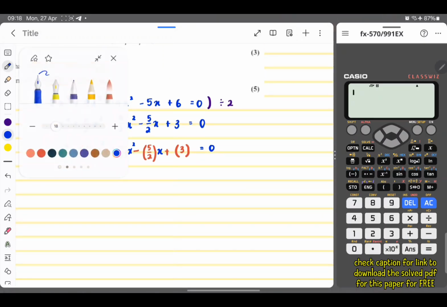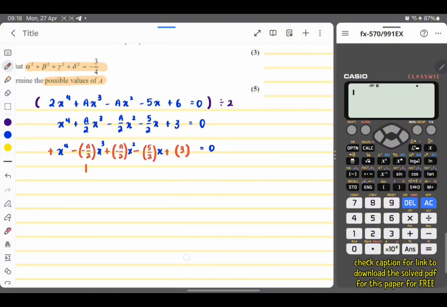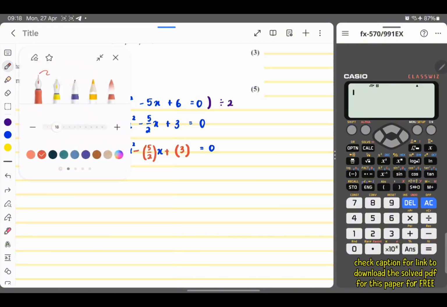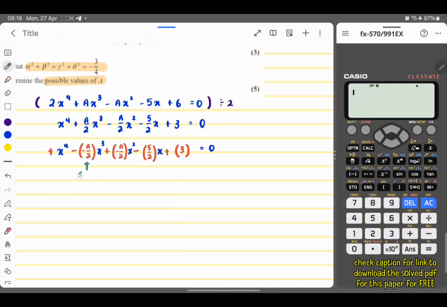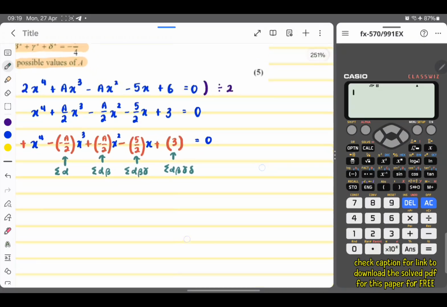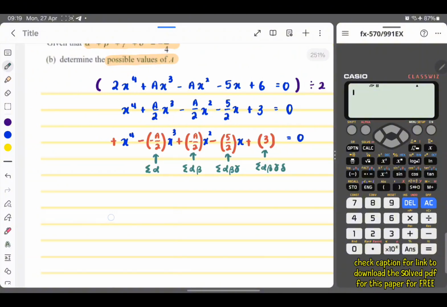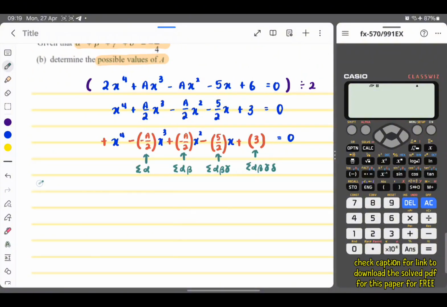What are these? The first value here would refer to summation of one root, then summation of product of two roots, then summation of product of 3 roots, and this one would be summation product of all 4 roots. So let's extract information.